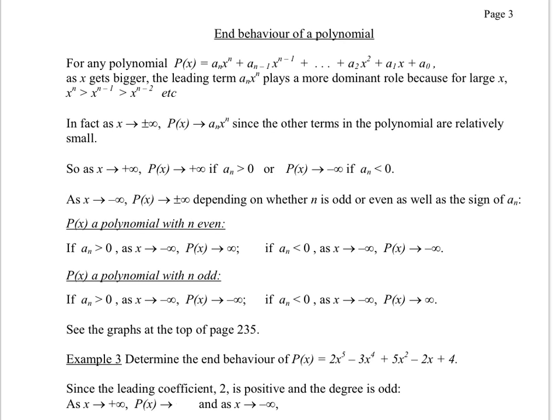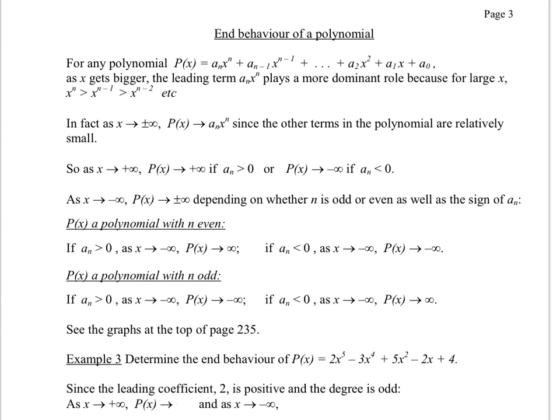It's quite difficult to interpret it from here, but if your n is even, then you're going to have something that's going to look like this, kind of like a quadratic. It's going to look like that if the number before the x squared or the x to the power of 4 is a positive number. So if the number before is a positive number and the power is even, it's going to look like this.